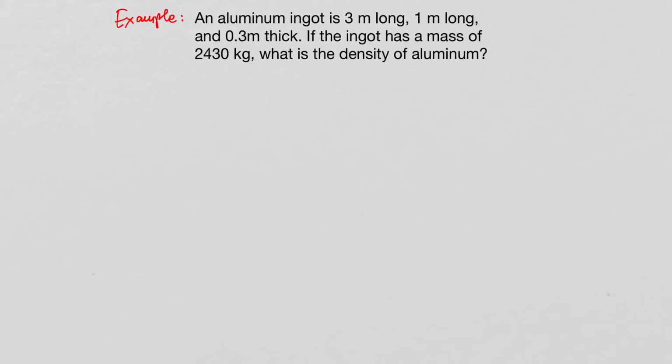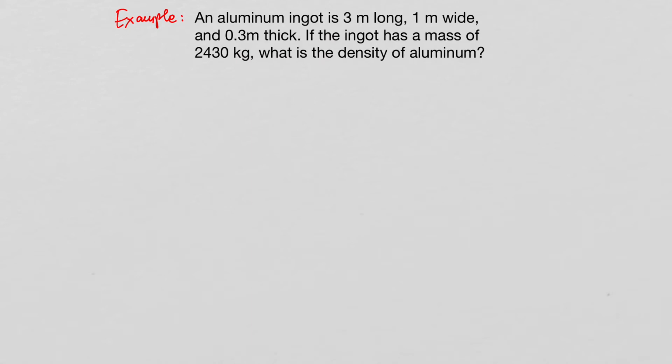Let's do the following example using the definition of density. An aluminum ingot is 3 meters long, 1 meter wide, and 0.3 meters thick. If the ingot has a mass of 2,430 kilograms, what is the density of aluminum? So here we know the dimensions of the ingot, and this is essentially a rectangular prism, something like this.